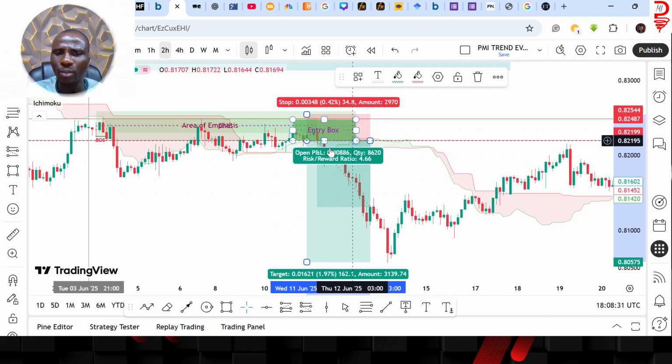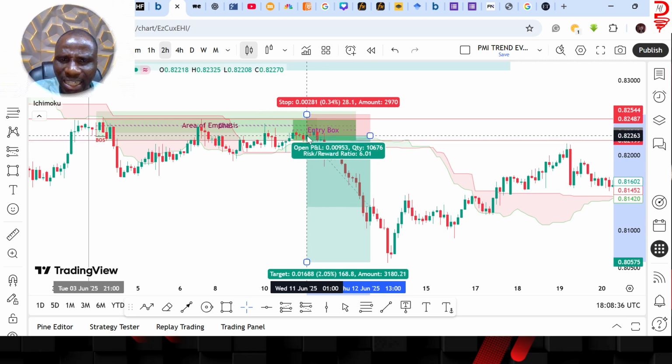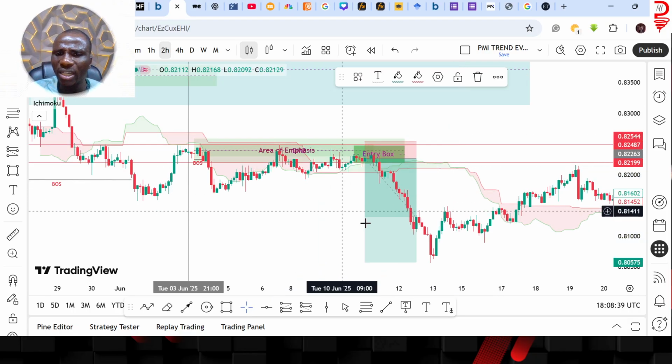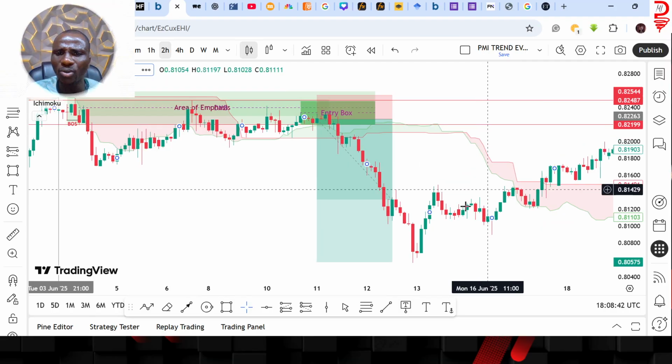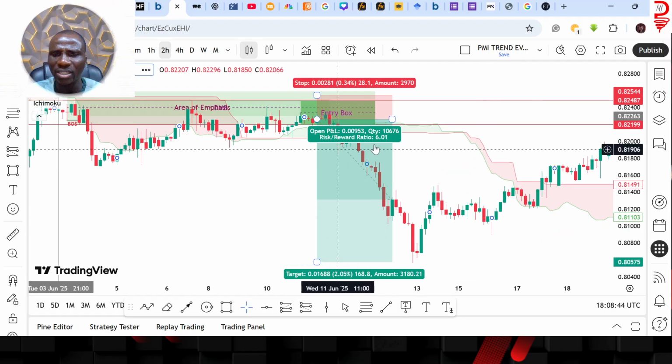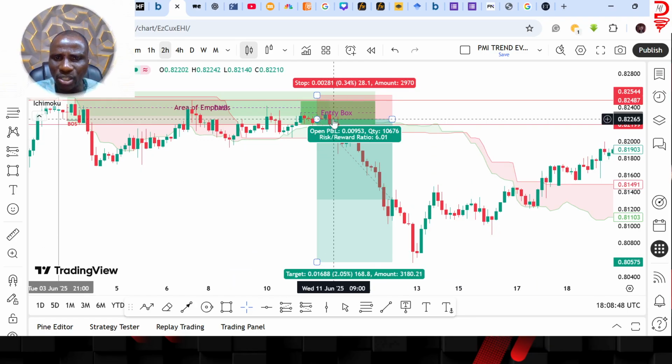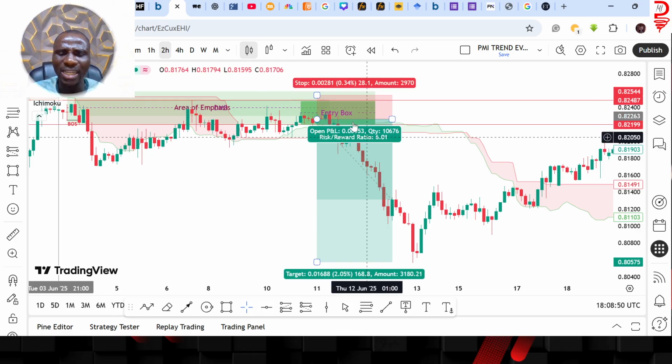So what we do at Potential Miners International is that we refine the trade a little bit to be able to get enough ratio in terms of profit, and this is ratio 1:6. So if we are to pick this trade now, we would have positioned it here.